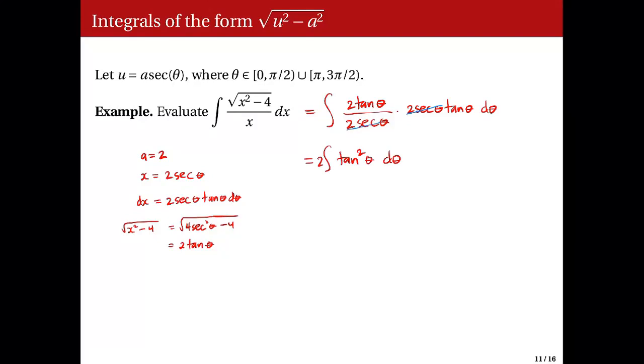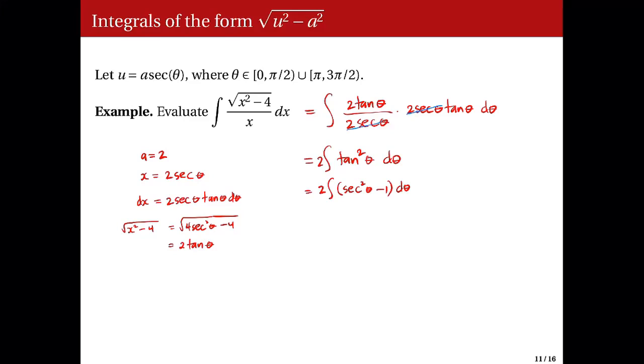And now you see, you have a power of tangent, and the power of tangent is even. So we can use the simpler method. Yes, we use the identity. So we will have the integral of secant squared theta minus 1 d theta.